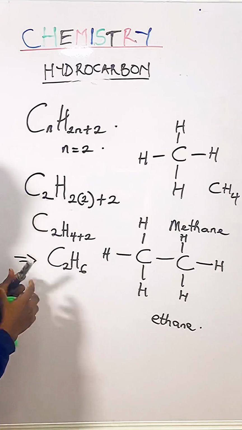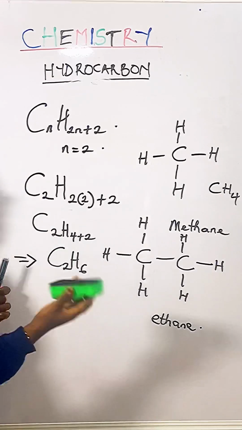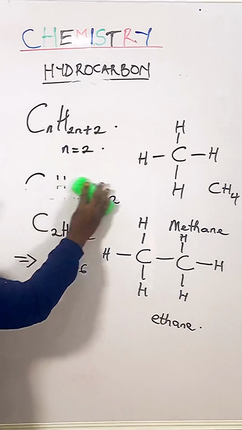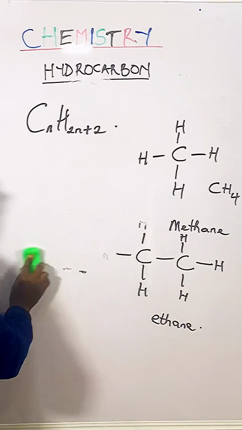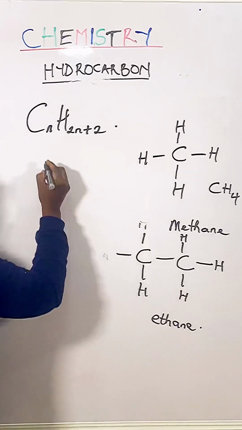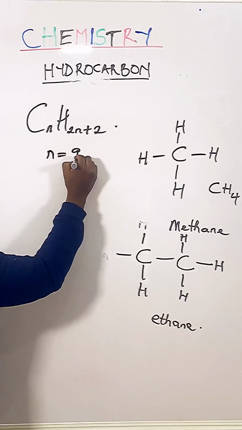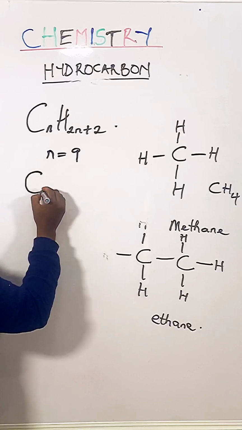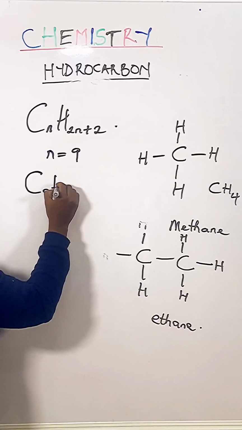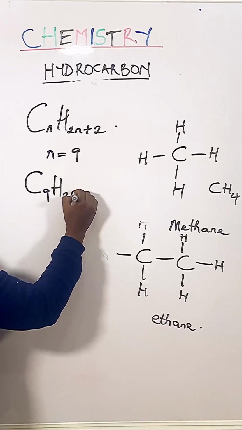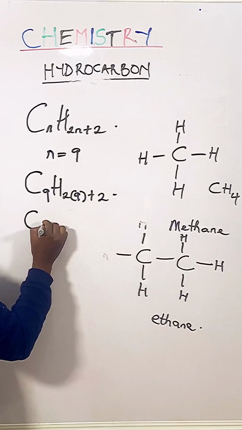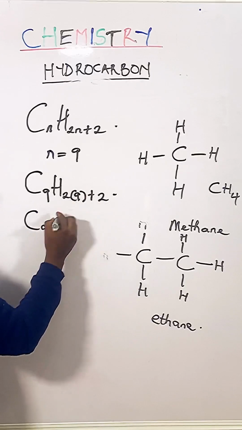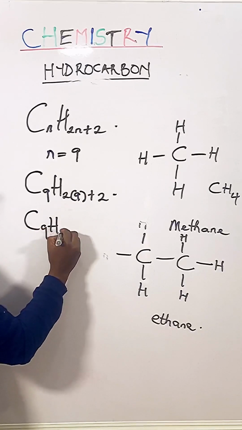So and so on and so forth. You can do it up to 10. For instance, let's pick 9. If our n is 9, what do we have? If n equals 9, then it's going to be C9, right? H, 2 times 9 plus 2. So 2 times 9 is 18, plus 2 is 20.